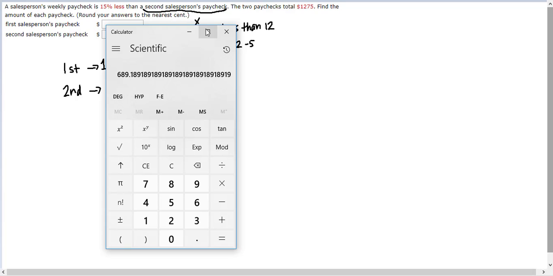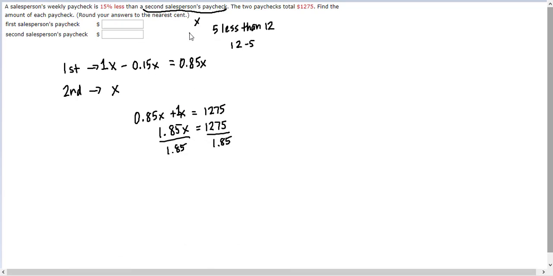It says round to the nearest cent, 689.19. So X is 689.19. Now remember, X was the second person's paycheck, so that goes in the second box.